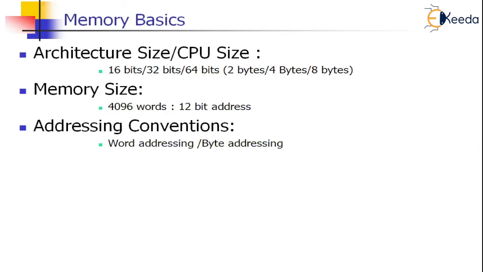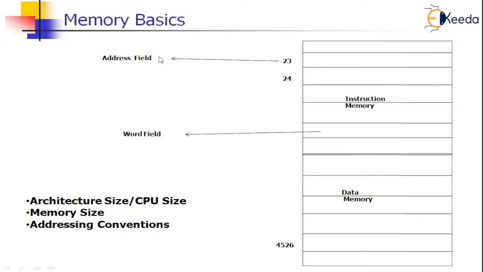Now, first one, the architecture size or the CPU size can be of 16 bits or 32 bits or 64 bits. What is this architecture size? Let me tell you. Inside there is a word, right? This word will be of some stipulated, specific size.